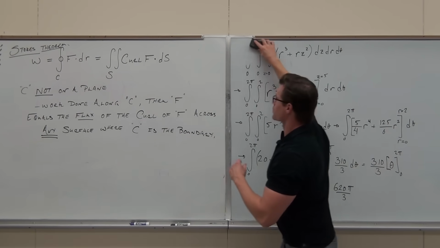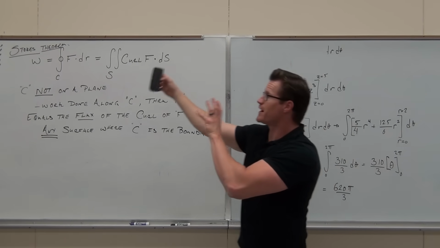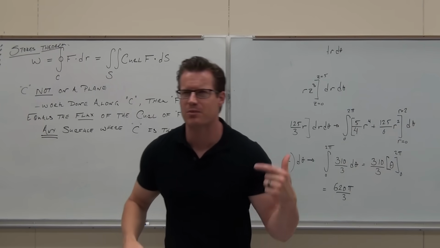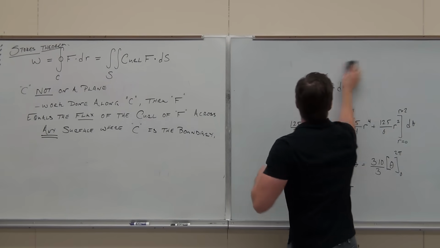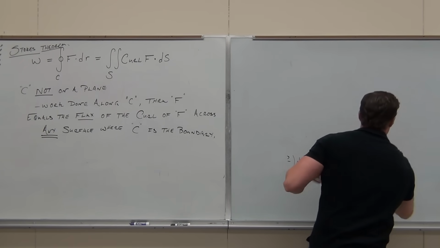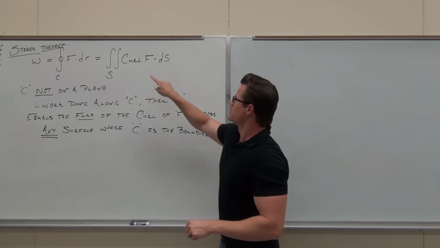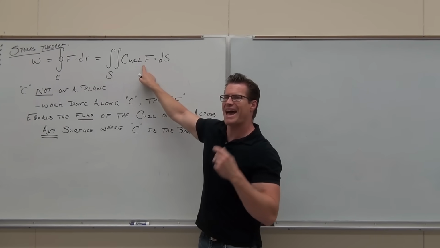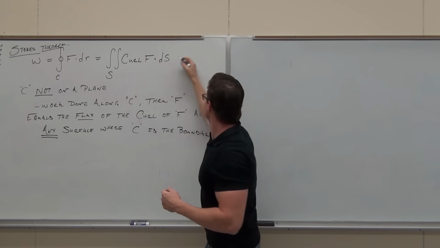If we do the curl of F, verify that the curl of F comes from our vector field and still gives you a vector. Remember that curl F still gives you a vector, has i's, j's, and k's? Then if we do just a little mathematical maneuver, treat curl F as a vector field.